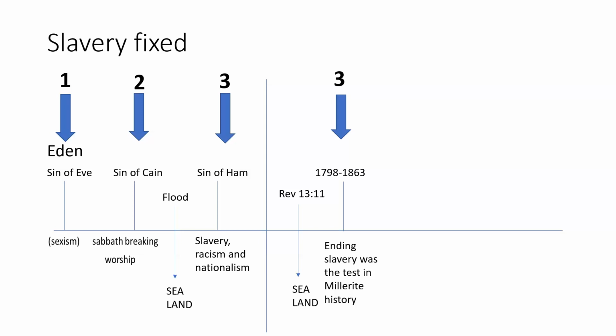Okay, so here, at the time of Noah, they were on the land, right? What I'm trying to explain is that during the time of the flood, we had a flood, right? At the time of Noah.